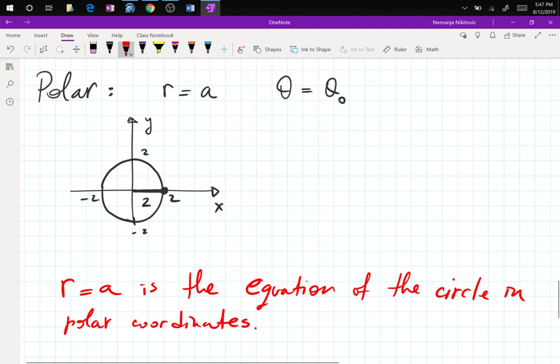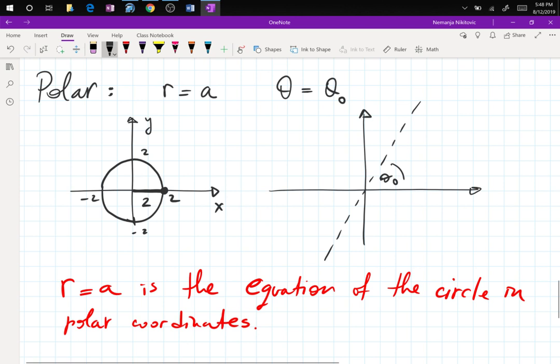And now when you have theta equal theta 0, you pick any angle for theta 0, it's fine. So let's say that theta 0 is this much. Well, I have to make it solid now because it rotated.